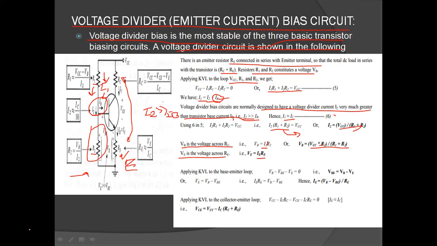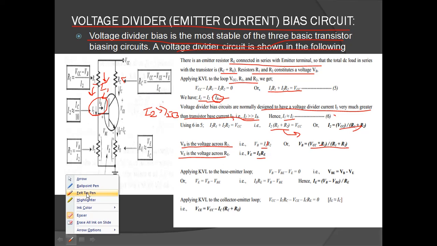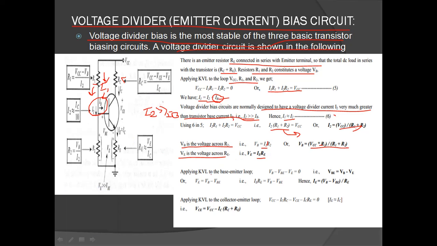Now when you apply KVL to the base emitter loop, this is the base, this is the emitter.